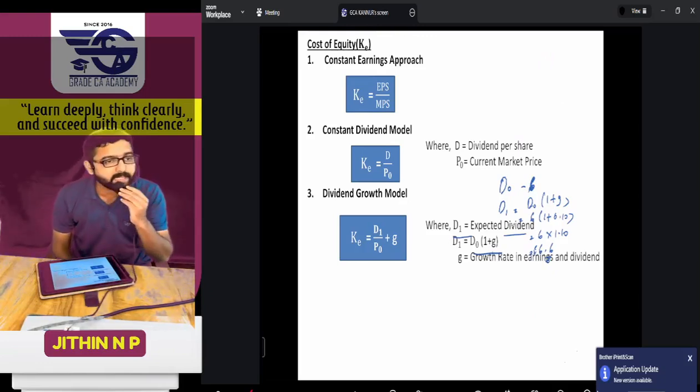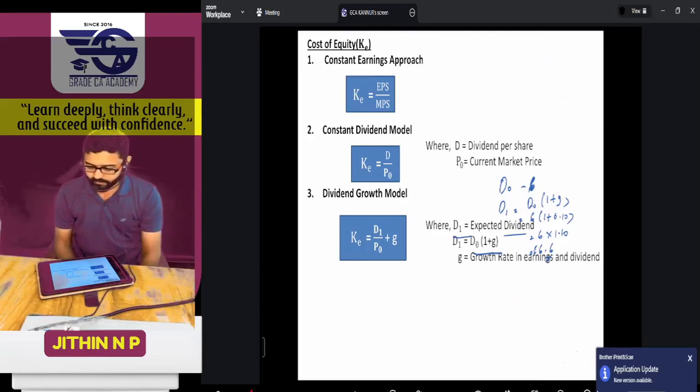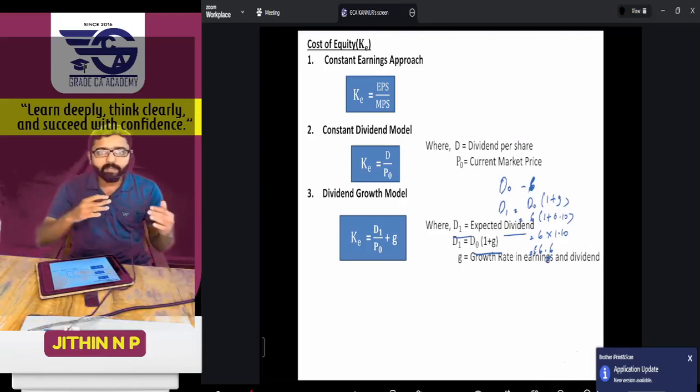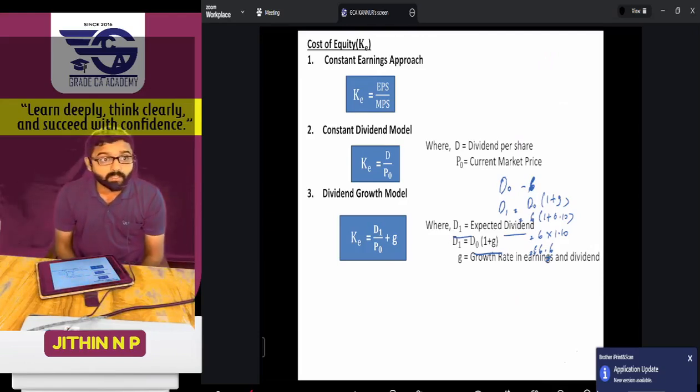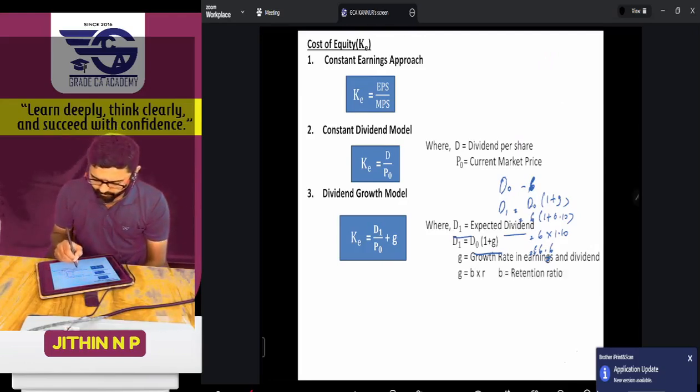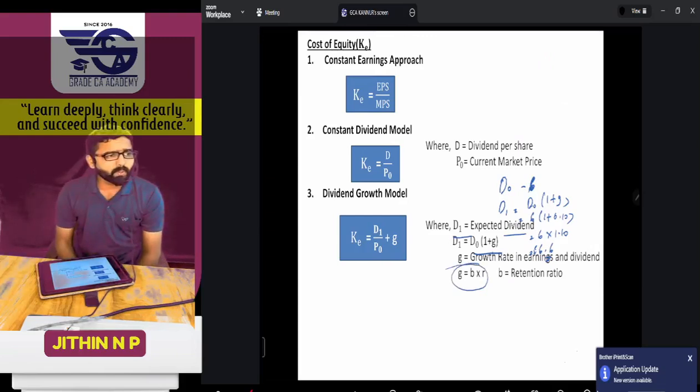G is the growth rate in earnings and dividend. Every company has some growth each year. That rate is called the growth rate in earnings and dividend. How to find out this growth rate? G is equal to B into R, where B is the retention ratio.